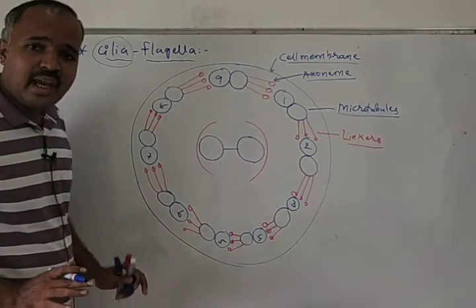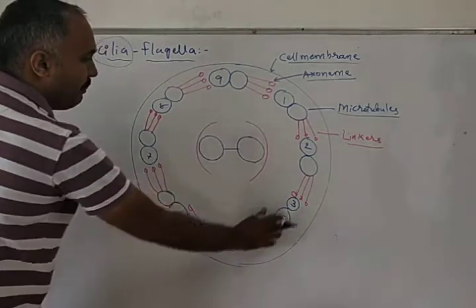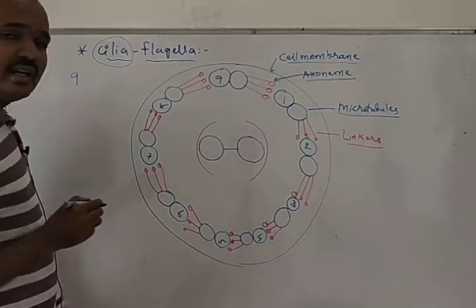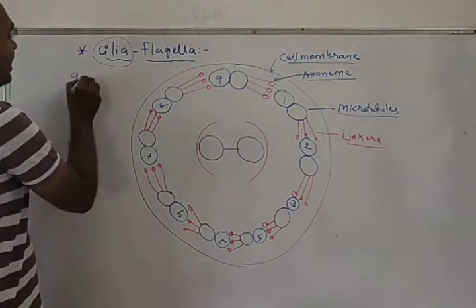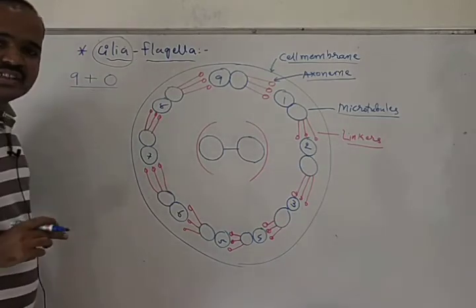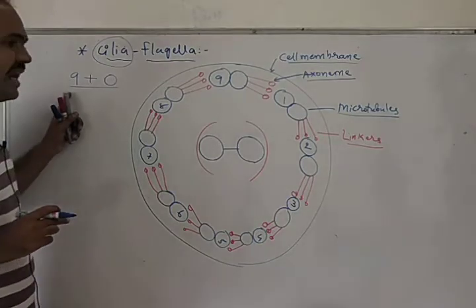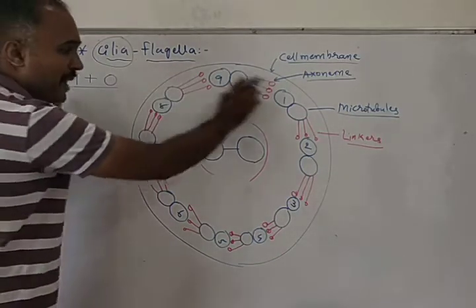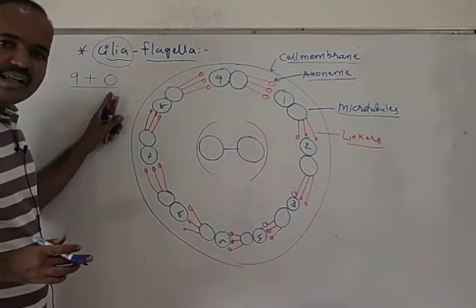So here the peripheral part has 9 doublets, and in the central part nothing is there, so we will write 0. So 9 doublets of microtubules are present in the peripheral part, and in the central part nothing is there.